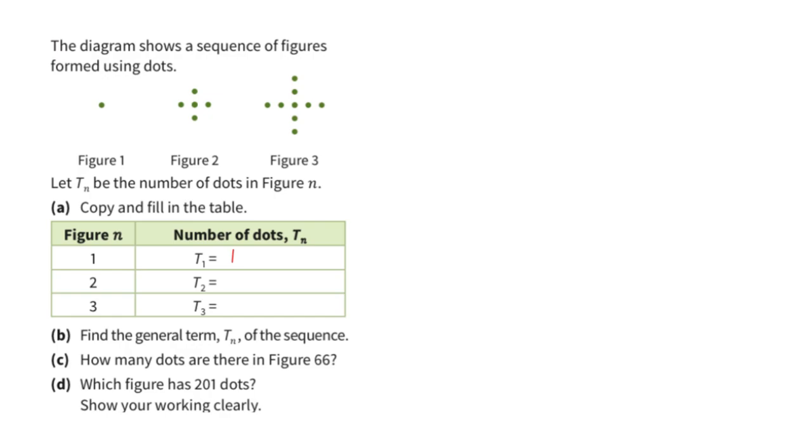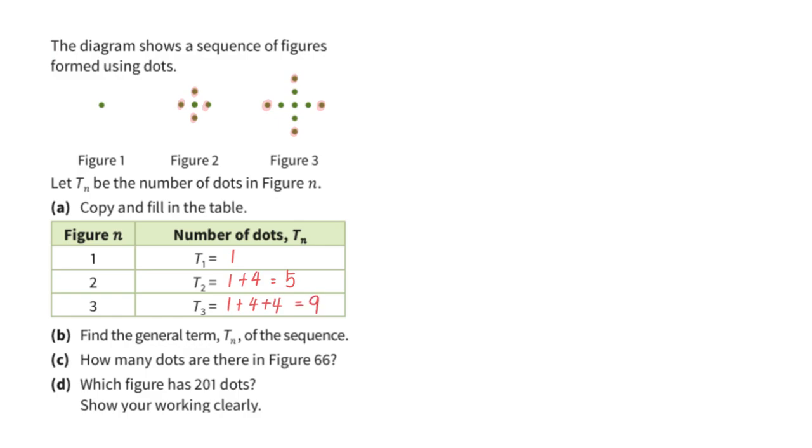T2, though, I saw 1, 2, 3, 4, 5. That means it's 1 plus 4, 5. There's a reason for me doing that. After that, I realized that after the 1 dot, I add 4. Then for the next pattern, I continue to add 4.